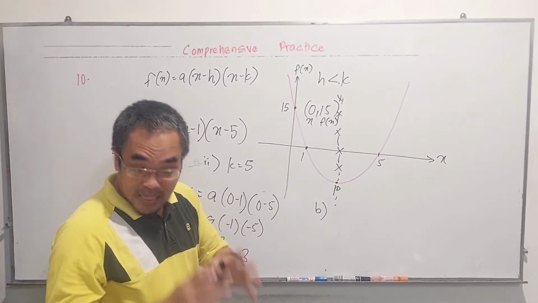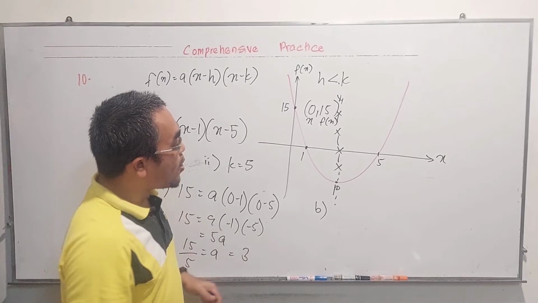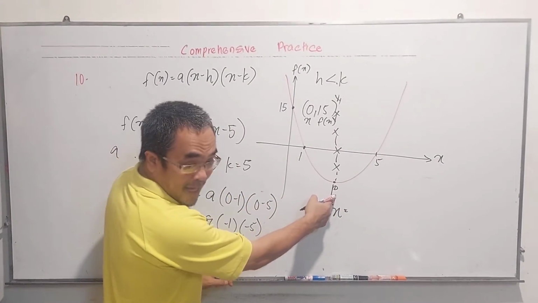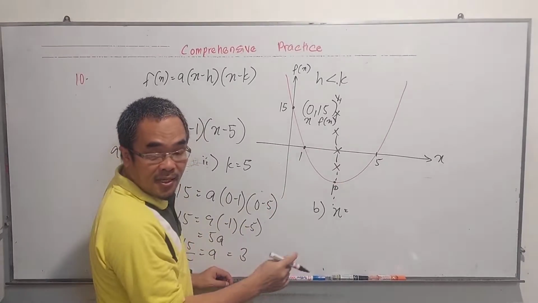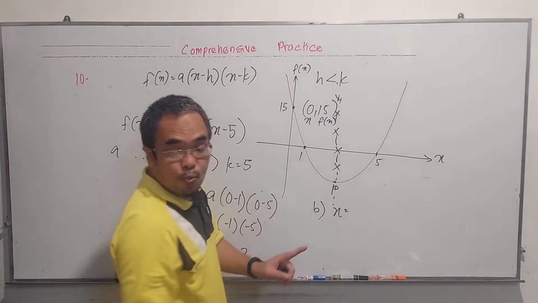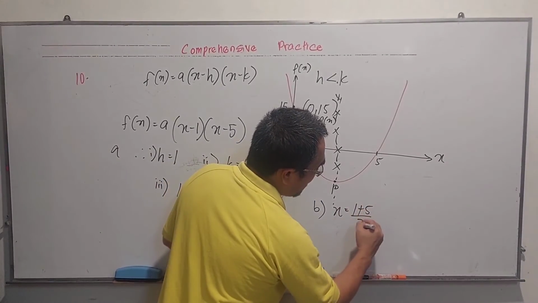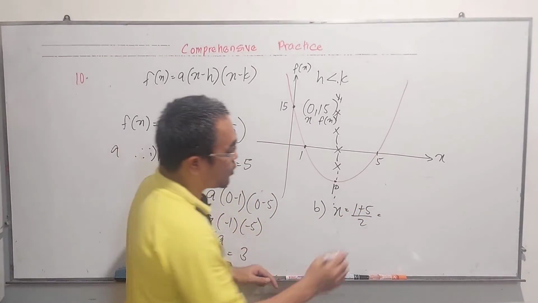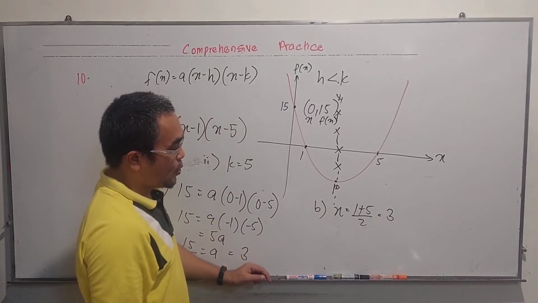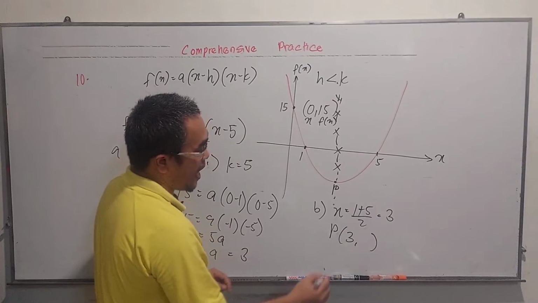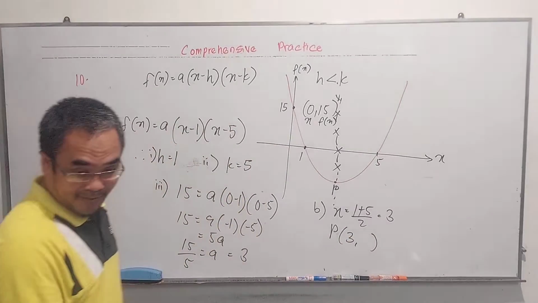So to find the x of the coordinate of the minimum, find the midpoint of 1 and 5: 1 plus 5 divided by 2, 6 divided by 2, which is 3. Therefore the coordinate of P will be 3 and something. We do not know that yet.